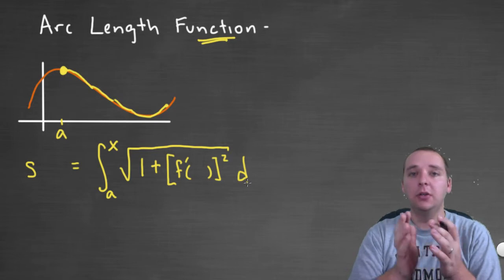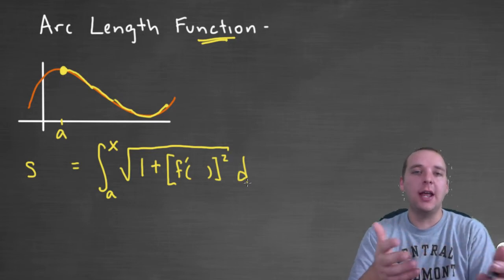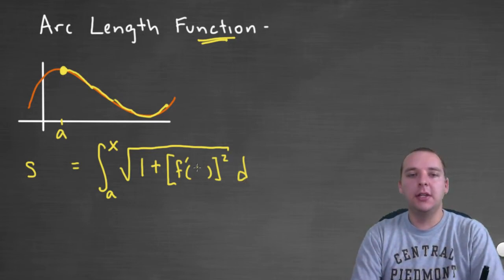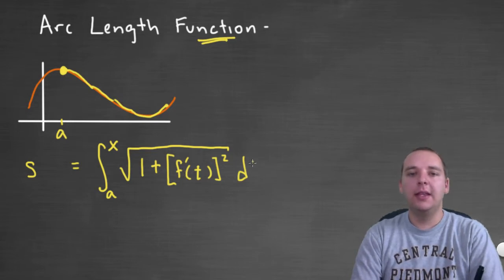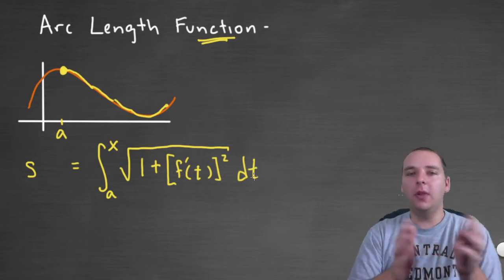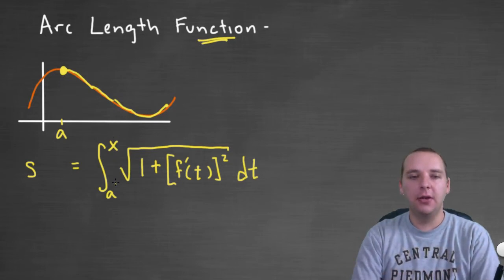And so we literally just pick a different letter. We just don't call it x. Most textbooks call it t. I suppose it doesn't have to be t, but just to stay in line with all textbooks, we'll stick with the letter t as well. So same integrand, just different letter. And then now t will fluctuate between a and x as we compute this definite integral here.